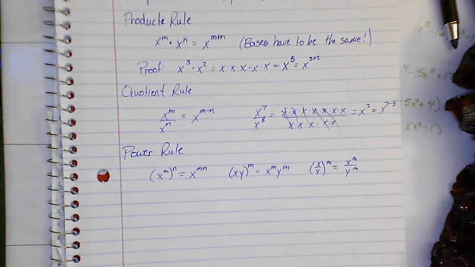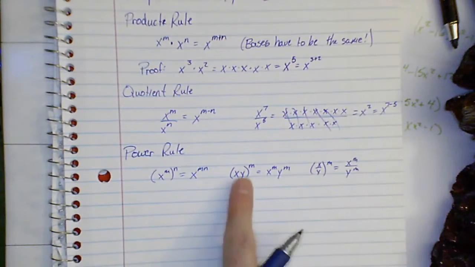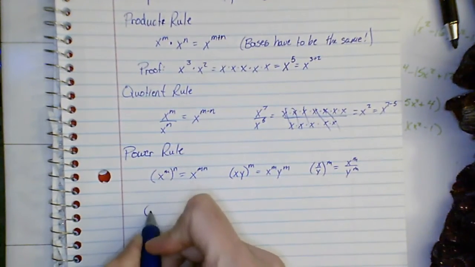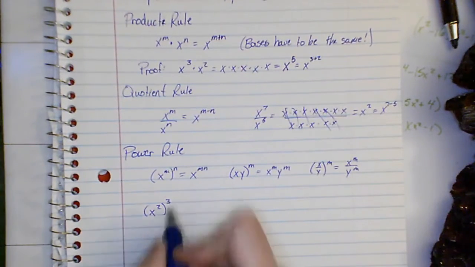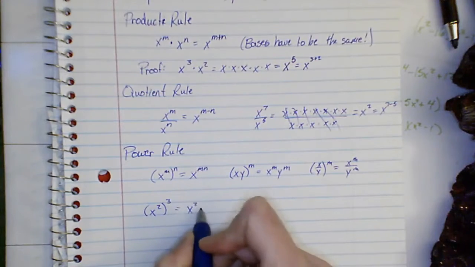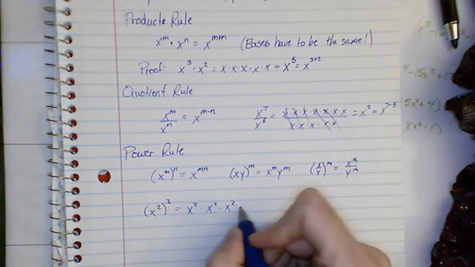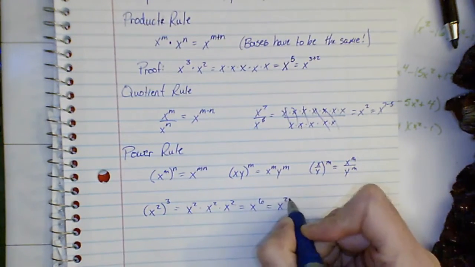So I'm going to show a proof on these two. This one would be similar to this one. For the first one, if we have x to the 2nd to the 3rd power, this means we're going to have x to the 2nd times x to the 2nd times x to the 2nd. That means we have x to the 6th power, or x to the 2 times 3.